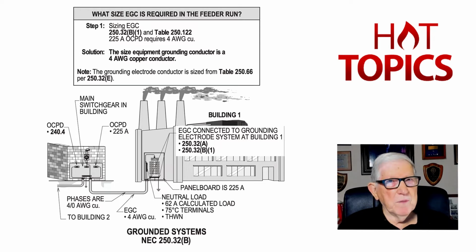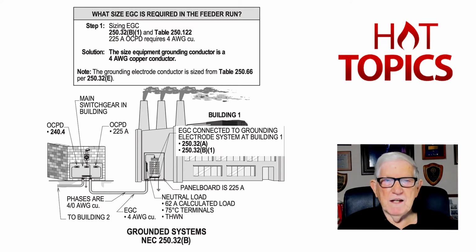Don't get mixed up here now, because a lot of people do. They want to size the grounding electrode conductor that you see in the panel connected into the earth ground with a number 4 size from the overcurrent device, 225 amp rating. That would be wrong.